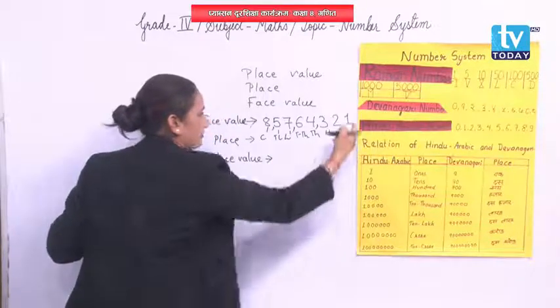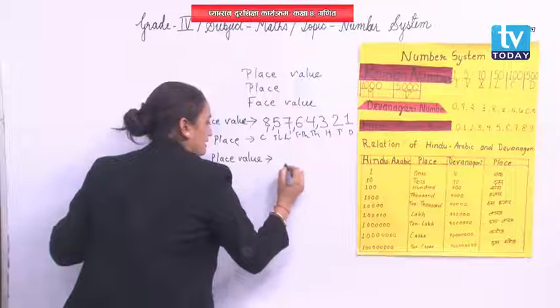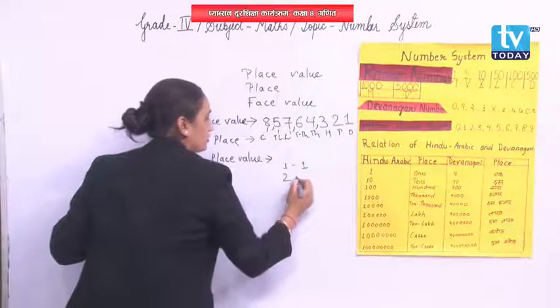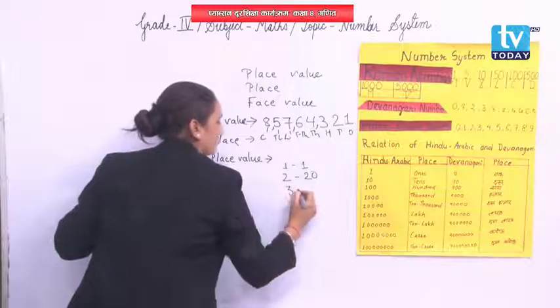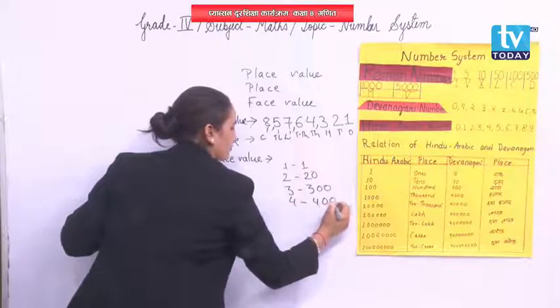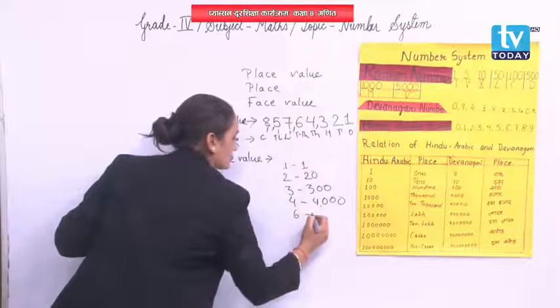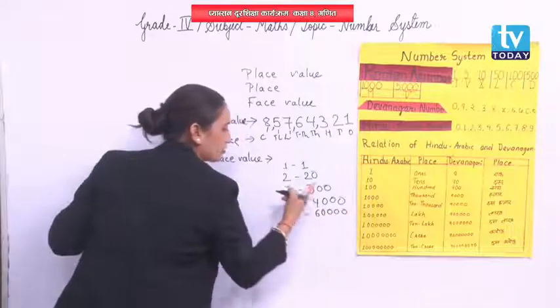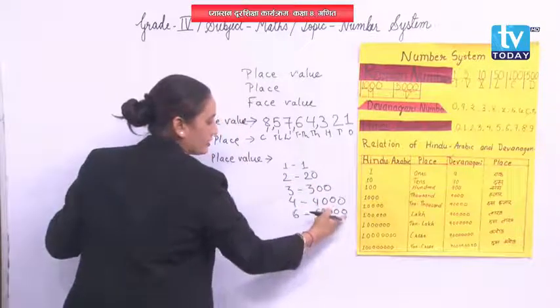I will write from the back side. 1 is in the place of ones, so I have to write 1 as it is, and 2 is for 20, 3 for 300, 4 for 4,000, 6 for 60,000. See, count the zeros: 1, 2, 3, here must be 4.